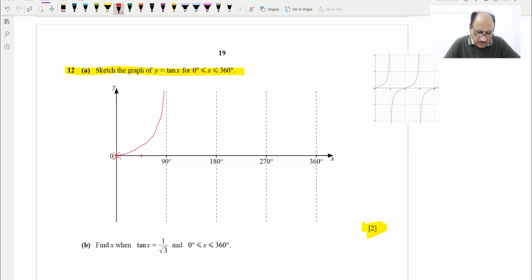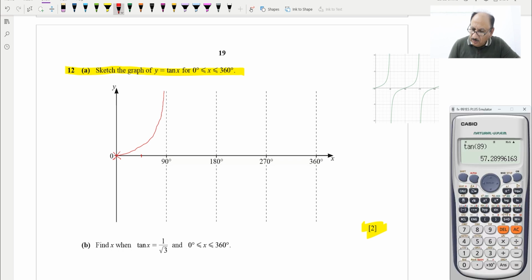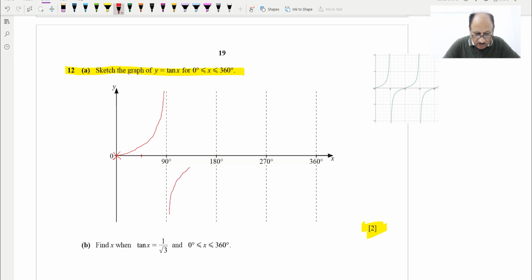It's never touching the 90 degree angle, because in the calculator also you are getting the syntax error. If you check 91, on the other side, this will be negative 57. So from the minus side, it will be moving up like this and going to this, and from here also it will be going to this.